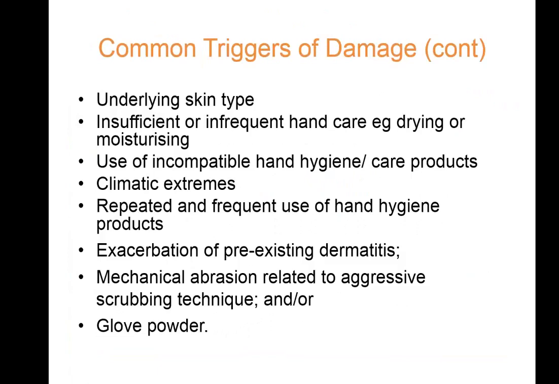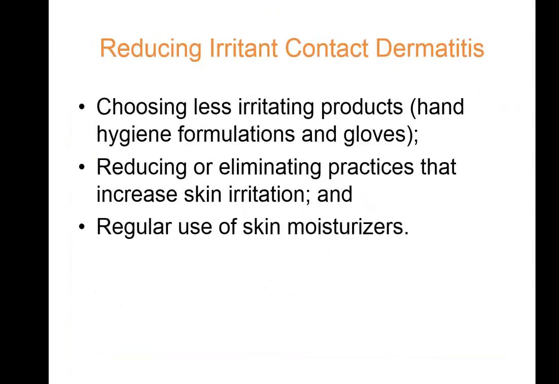If you have a history of dermatitis, or you're at risk of dermatitis or other related responses. If you are abraded, and glove powder has been demonstrated to be a common trigger of damage, the powder-free range of gloves becomes important. So you can reduce these opportunities.